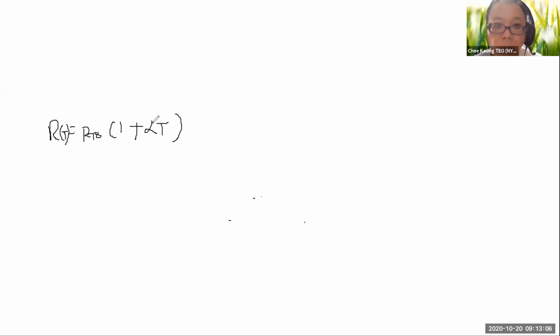Alpha is given as 0.00385 per degree C. The nominal resistance is 500 ohms.